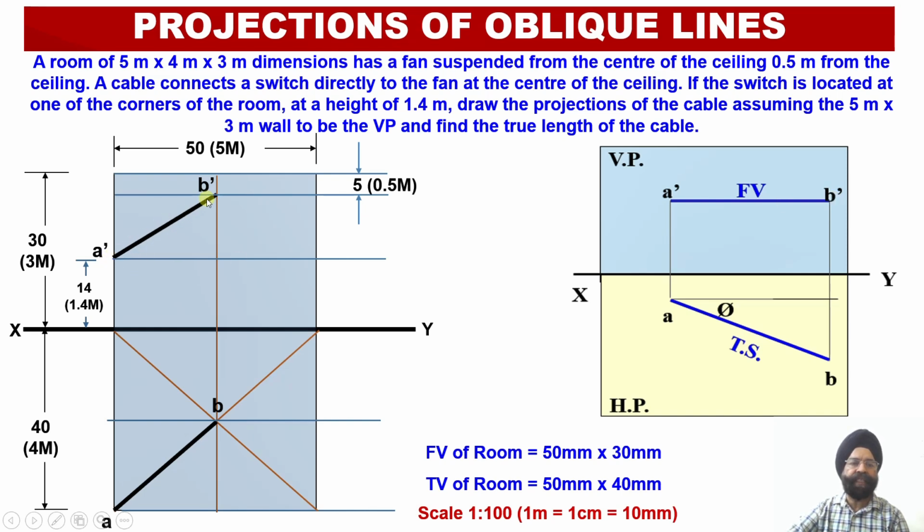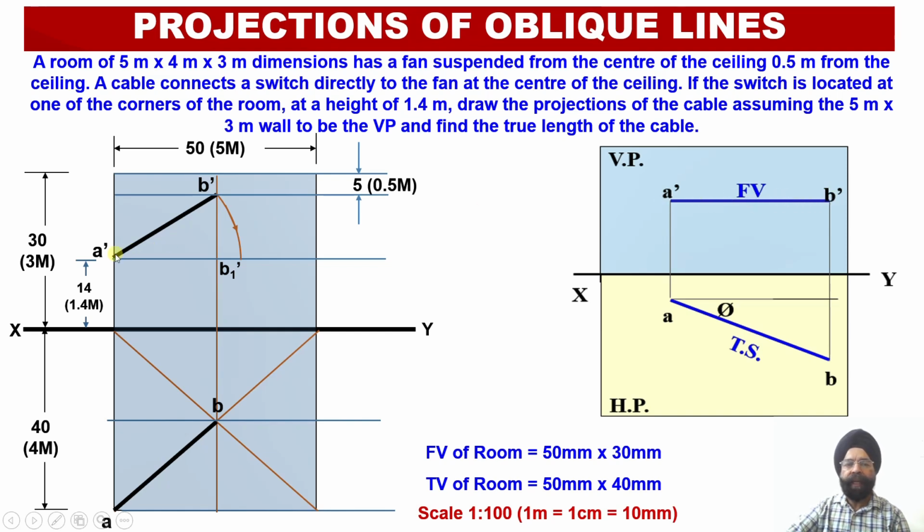With my compass needle located at A dash, I'll open the compass equal to the distance A dash, B dash and draw an arc which will be extended up to the locus line of the point A dash, such that this distance A dash, B dash should be transferred over here, and this point B1 dash which has been obtained, A dash, B1 dash, this is the apparent length projection in the front view which has become parallel to the horizontal plane.